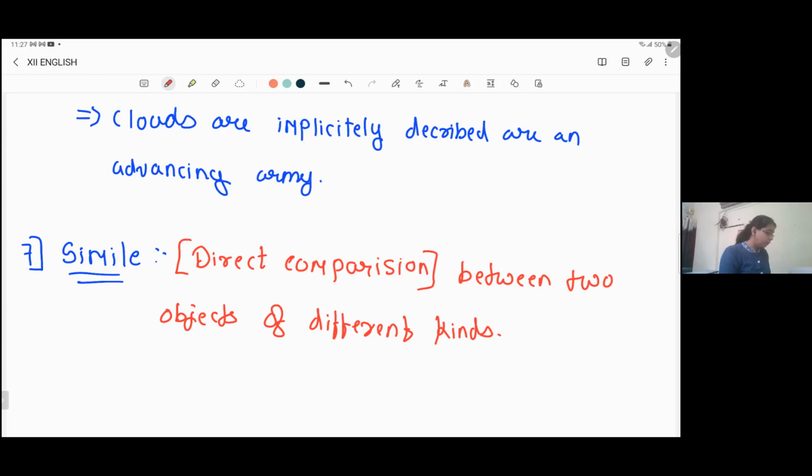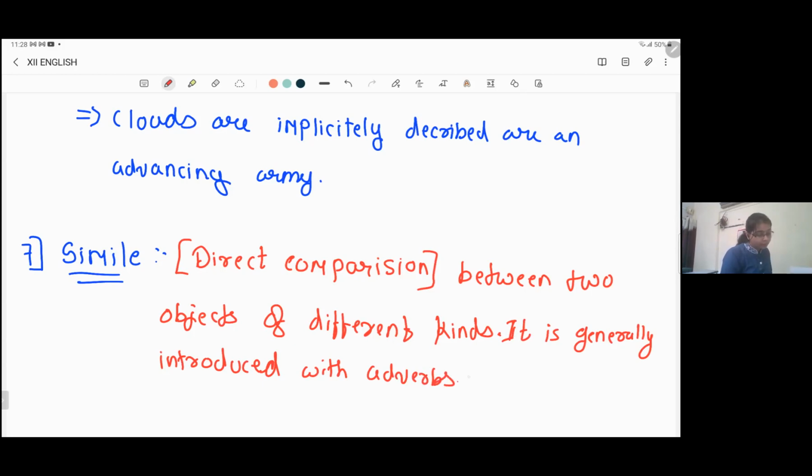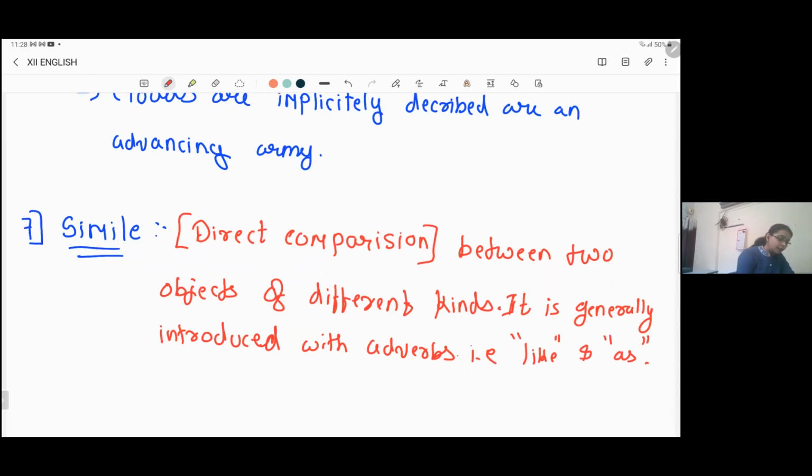And it is starting with adverbs. It is generally introduced with adverbs, that is, like and as. It is showing a direct comparison.